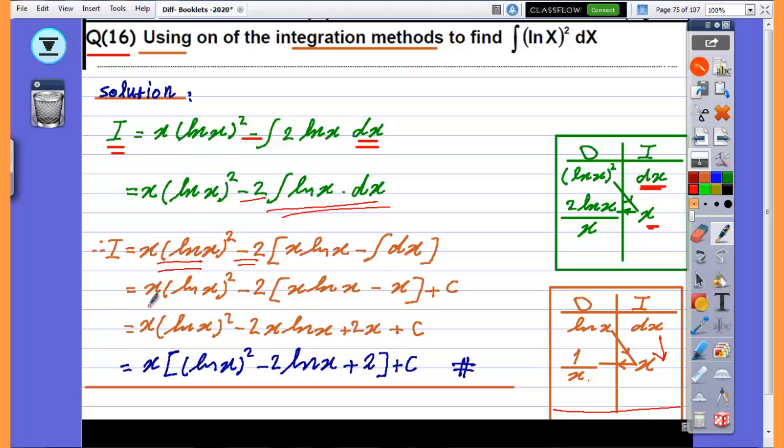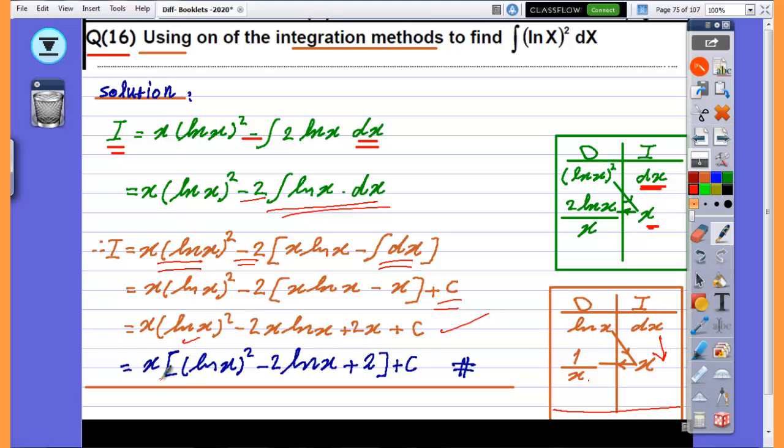Now we have x multiply (ln x) all square minus 2 multiply (x ln x minus the integration of dx, which is x) plus c. We simplify: x (ln x) all square, negative 2 multiply x ln x equals negative 2x ln x, negative by negative is positive 2x, plus c.